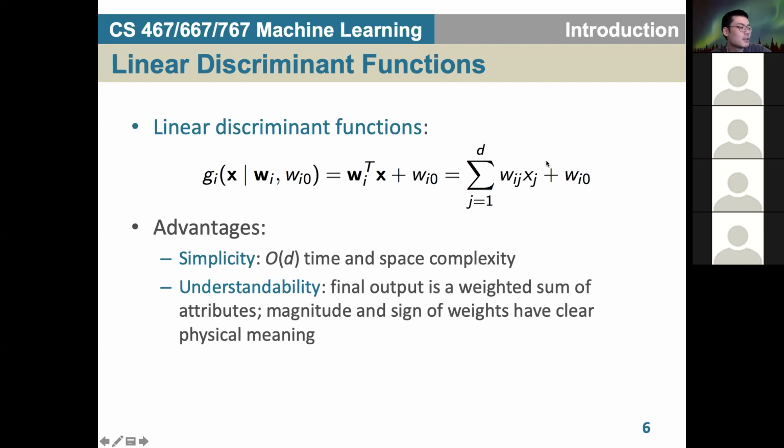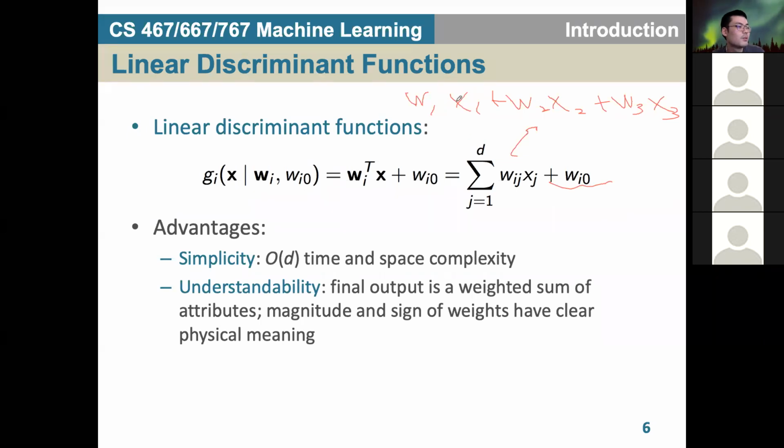Another benefit is understandability. Why is this important? For example, let's assume we have 3 parameters. What we will have is W1 times X1 plus W2 times X2 plus W3 times X3, plus W0.